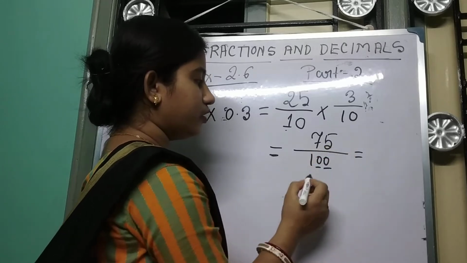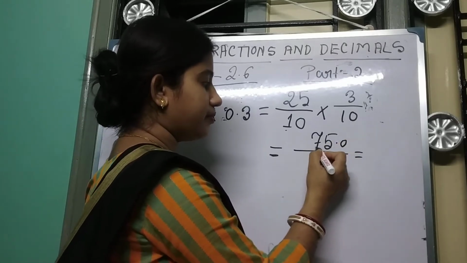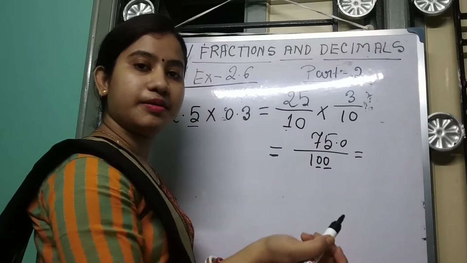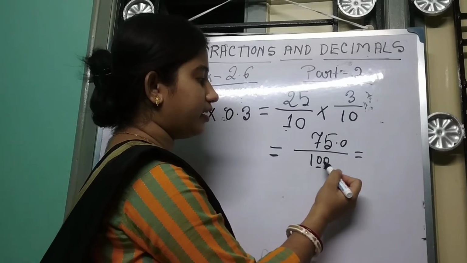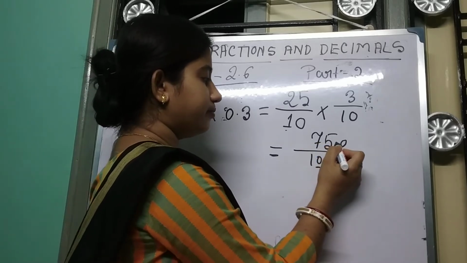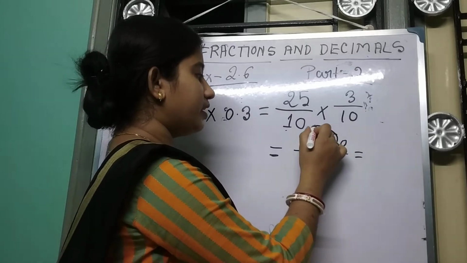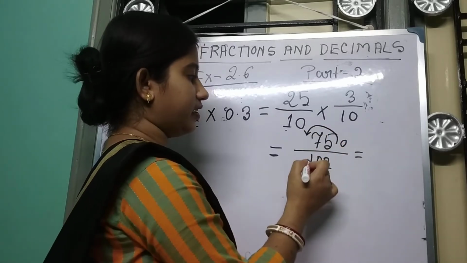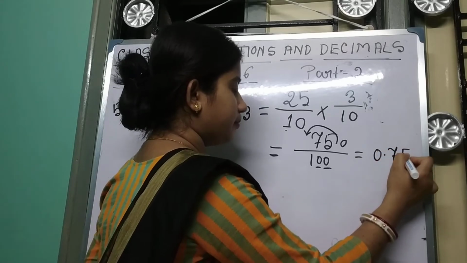Suppose there is a decimal point, 75.0, that means 75. If we divide 75.0 by 100, we shift the decimal point by 2 places to the left. So we get 0.75.